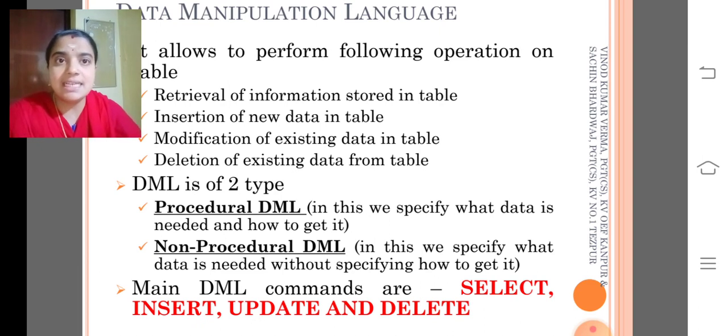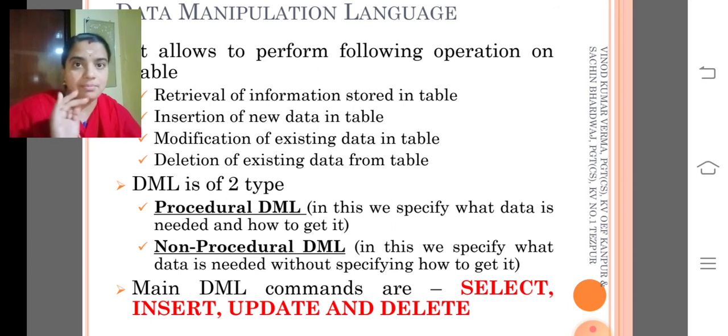Then the next category is Data Manipulation Language. It allows us to perform operations like retrieval of information. Dear children, DML always deals with the rows, whereas DDL deals with the database, table and column.